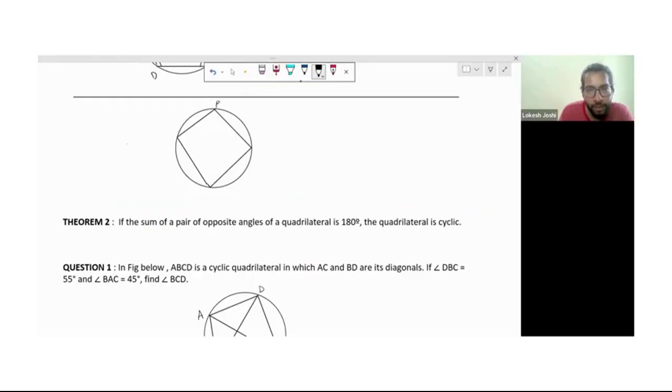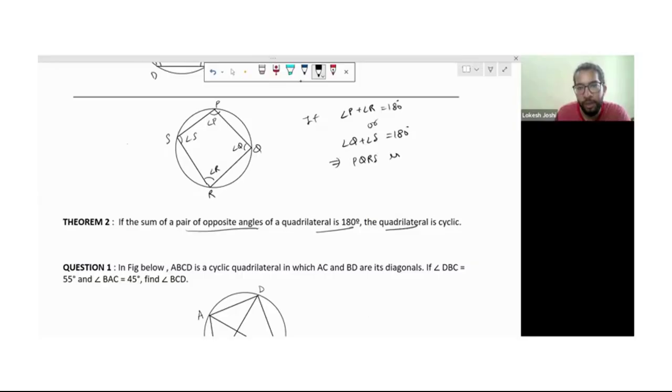Suppose this quadrilateral is P, Q, R, and S. This one is angle P, this one is angle Q, that's angle R, and that's angle S. It's given that an opposite pair of angles has sum 180 degrees, then the quadrilateral is cyclic, which means if angle P plus angle R is equal to 180 degrees, or angle Q plus angle S is equal to 180 degrees, then we can directly say PQRS is a cyclic quadrilateral. That's for theorem number 2.